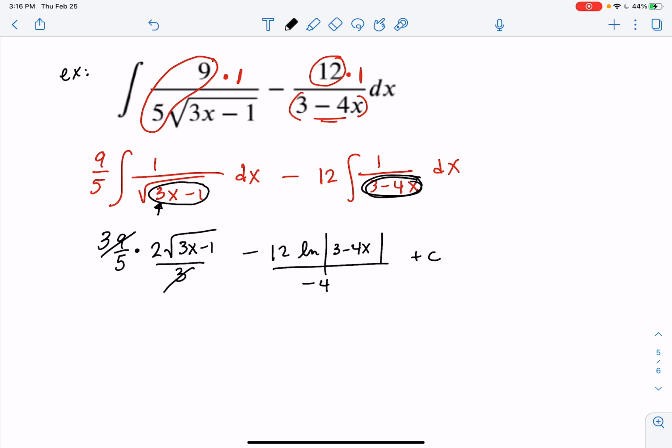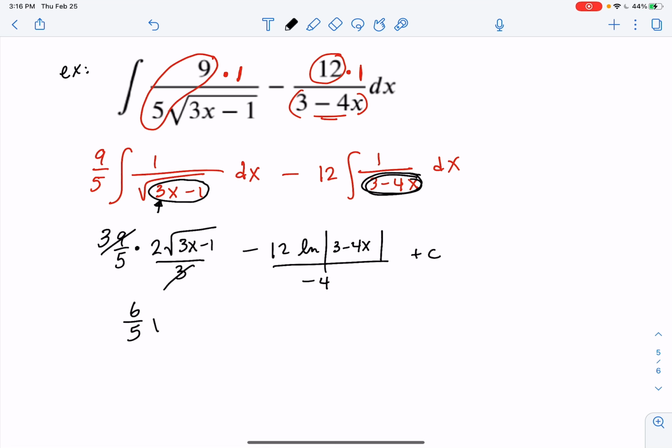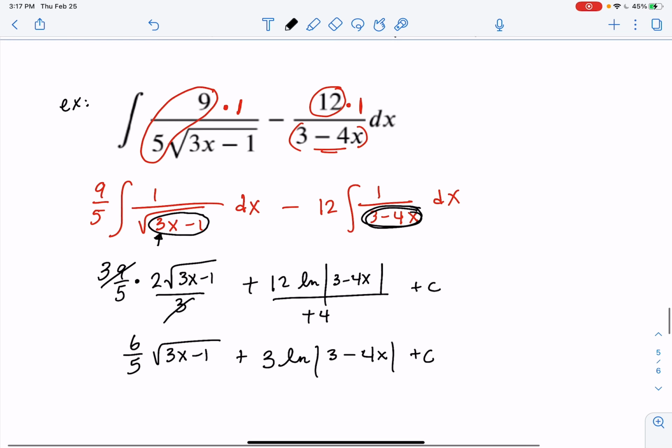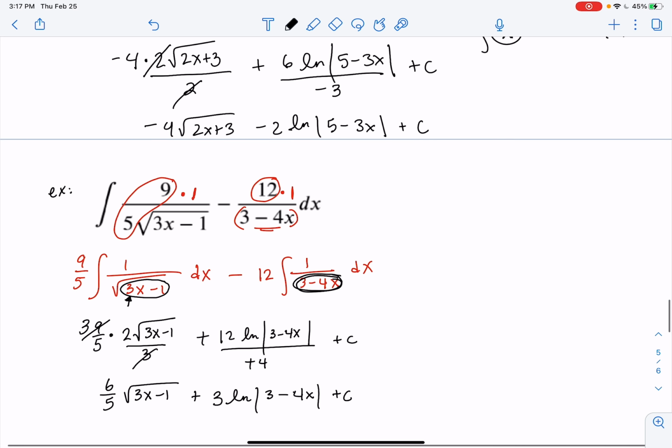So multiplying across, I get 6 over 5 root 3x minus 1. These two negatives cancel out, giving me a plus 12 over 4 is 3. 3 minus 4x. Ta-da! And that's it for this part 2.